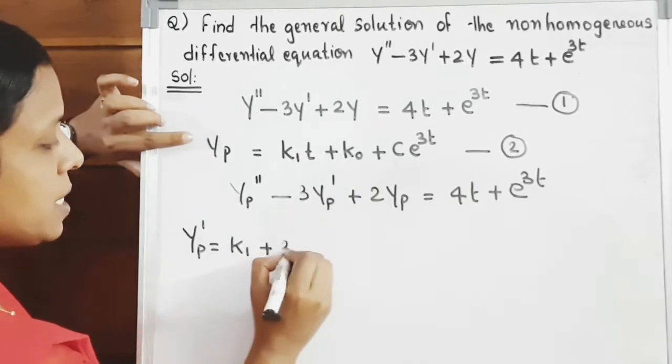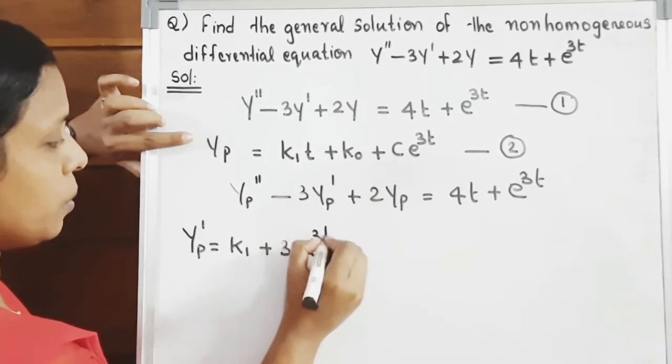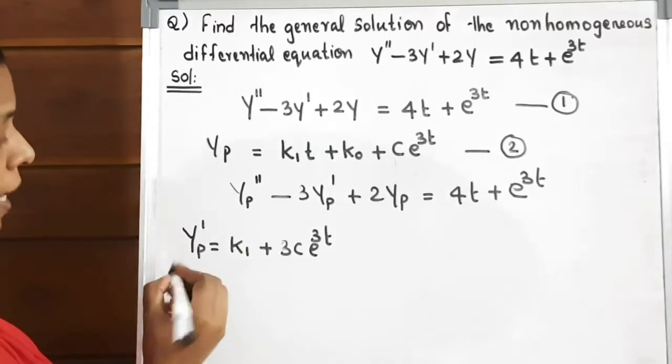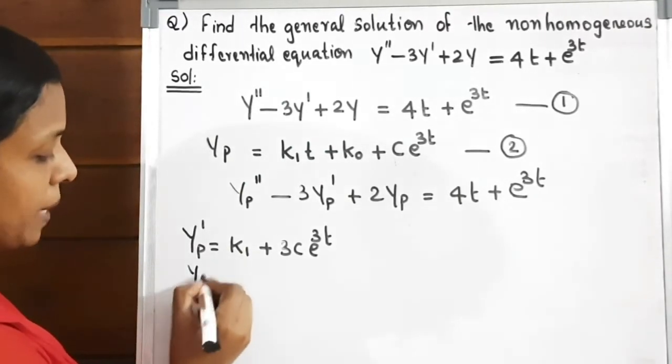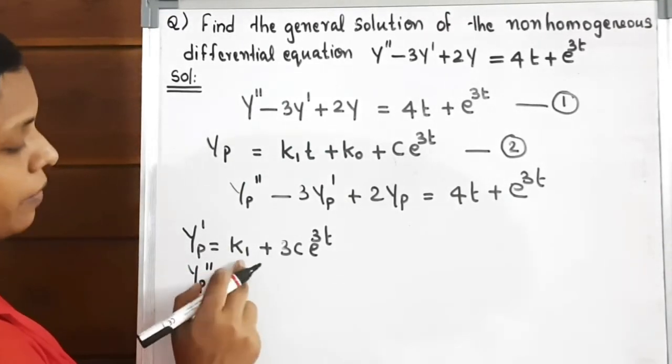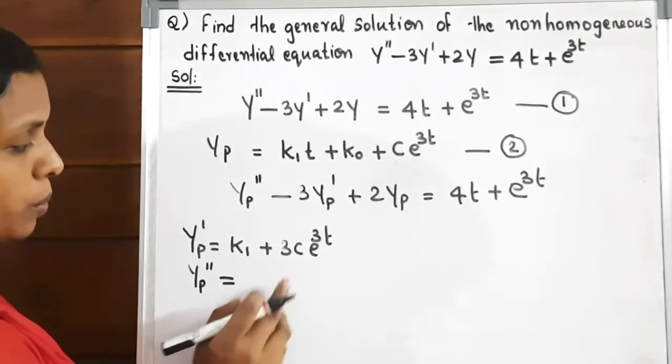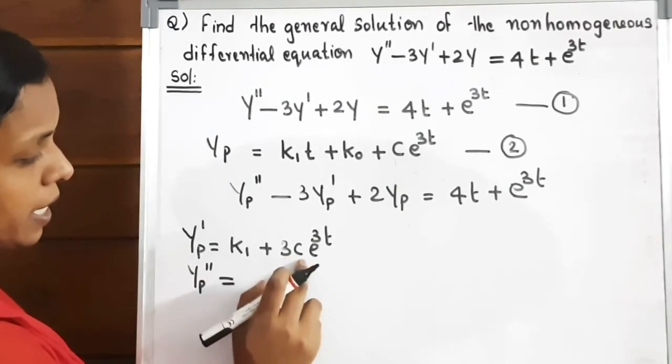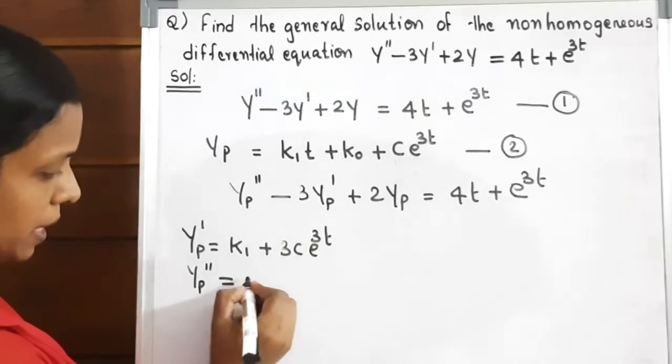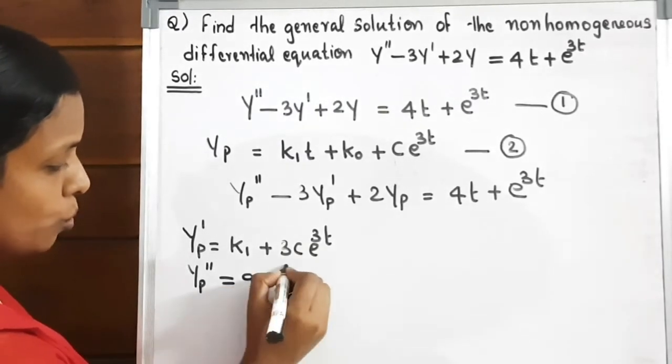Next we find yp double dash. k1 is a constant, its derivative is 0. Here we get 3c into 3 into e raised to 3t, that is 9c e raised to 3t.